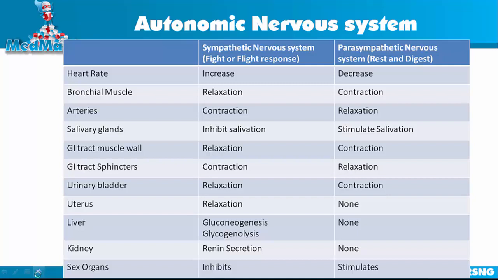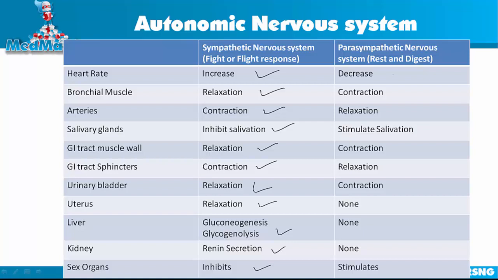In the sympathetic nervous system, heart rate is going to go up, bronchial smooth muscles are going to relax, arteries are going to contract, and the salivary glands are going to inhibit salivation. You see all these things here, and for the parasympathetic as well. Let's talk in a little more detail about each one.